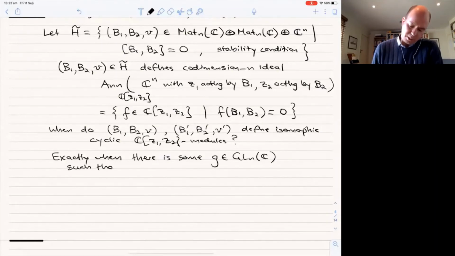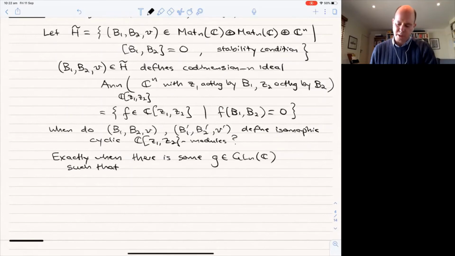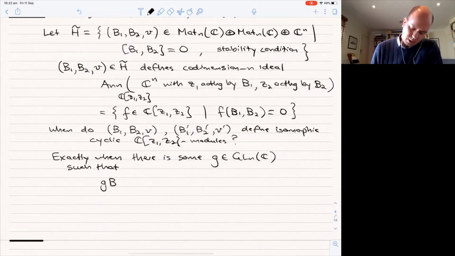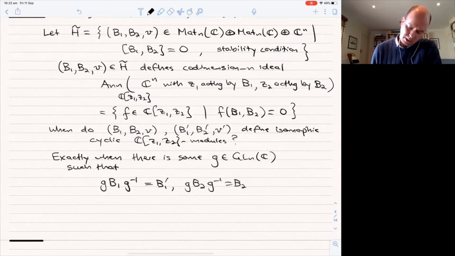To define an isomorphism between the module structure defined by B1, B2, V, and the one defined by B1 prime, B2 prime and V prime, it has to be such that this element of GL_n(C) conjugates B1 to B1 prime, conjugates B2 to B2 prime, and it maps V to V prime.